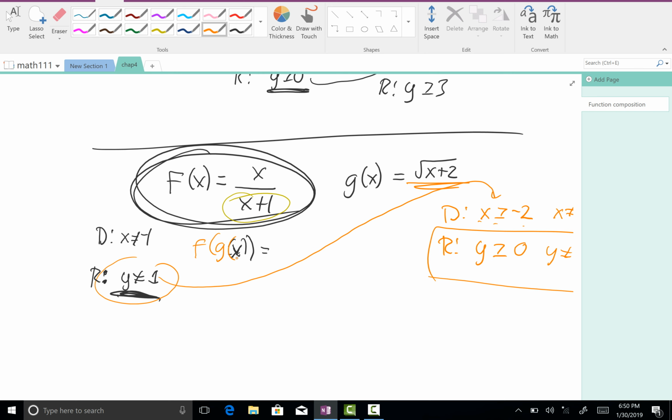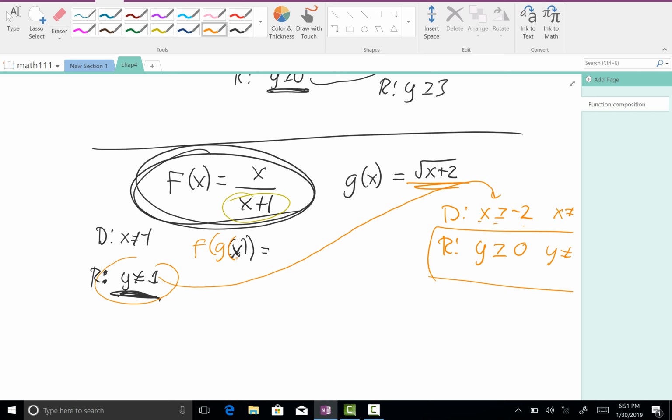So there's a domain for g, correct? And then you get a range, and the range becomes the input for the f. Because you're working inside out, right?